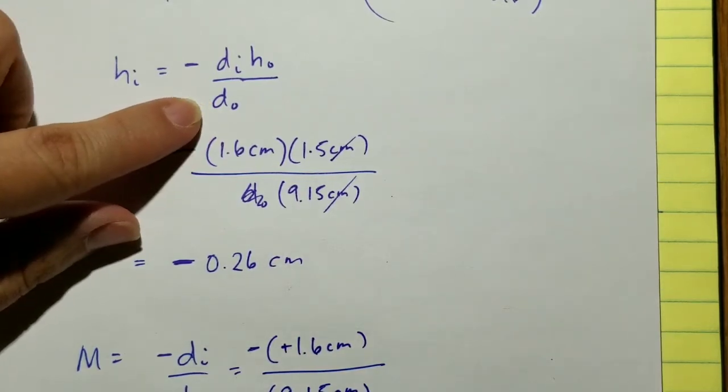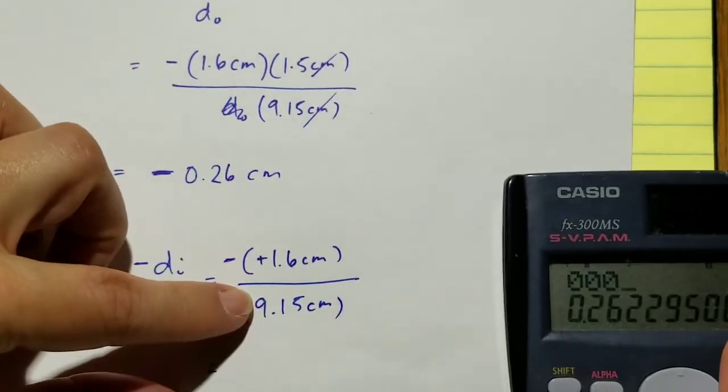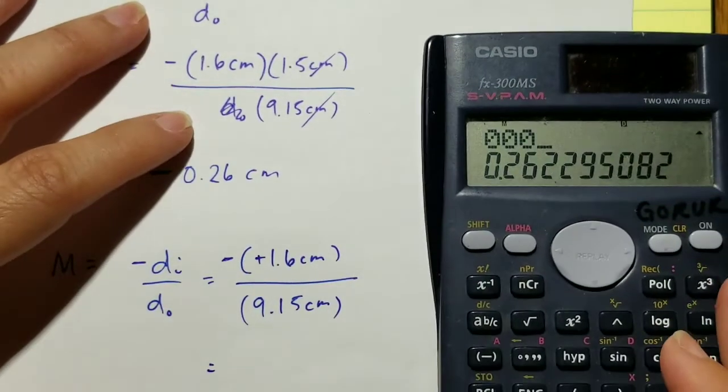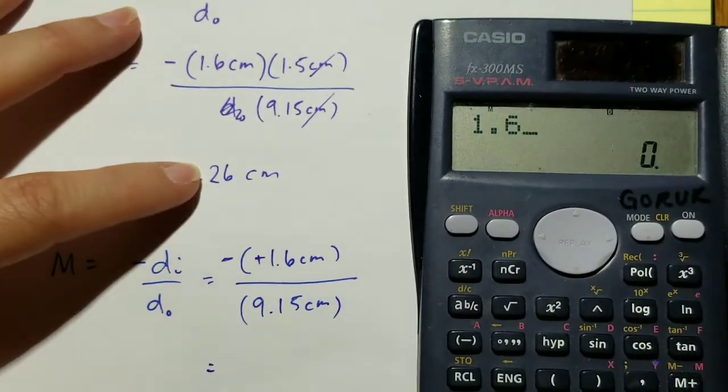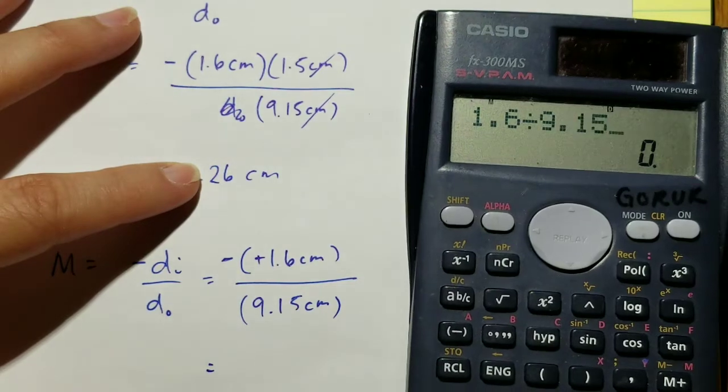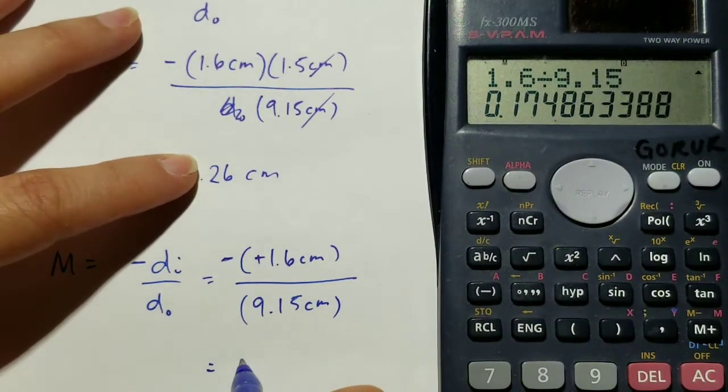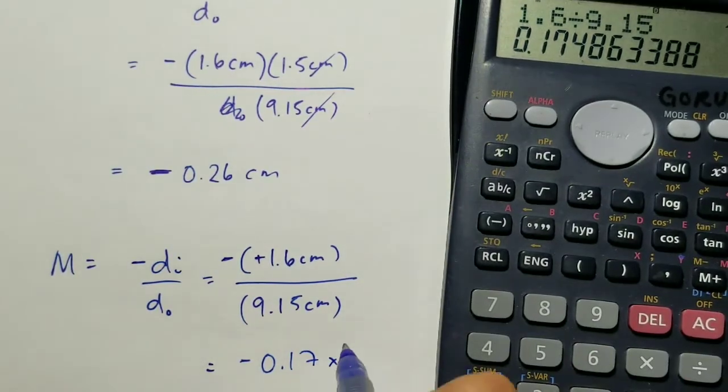And you can see with magnification that you are not going to have any units. We just say it's times. So I'm going to take my 1.6, I'm going to divide by 9.15. I get negative 0.17 times. So what this means, and I'm just going to approximate this to 0.2 times, okay?